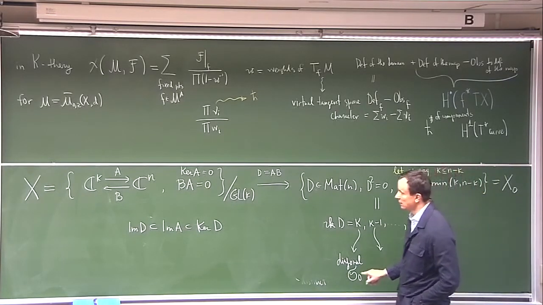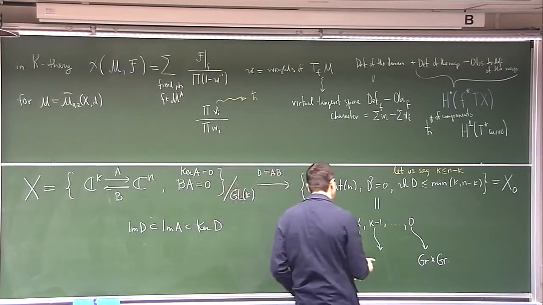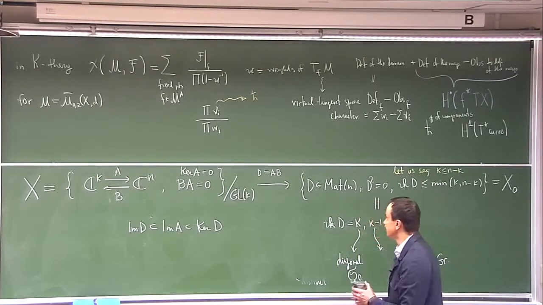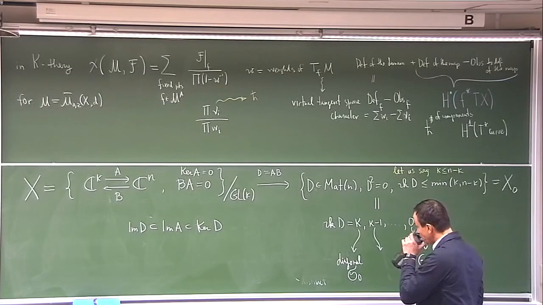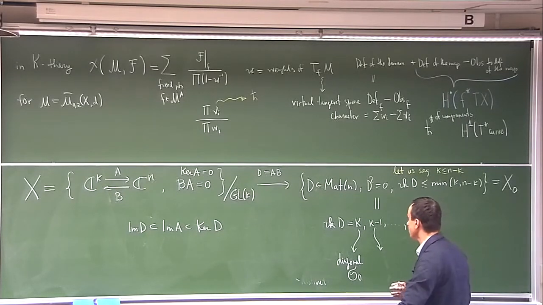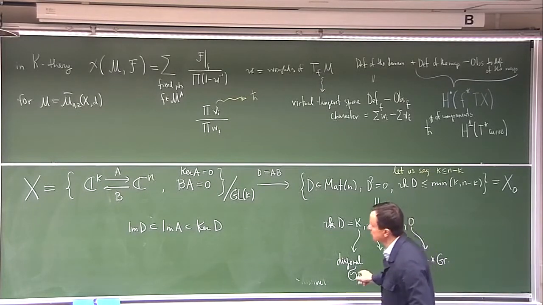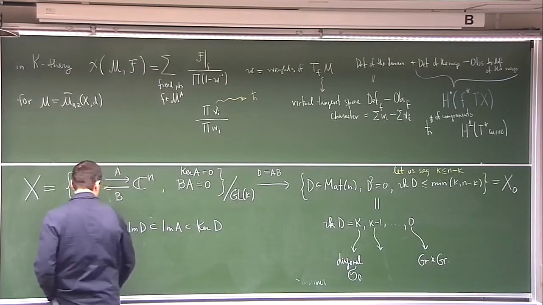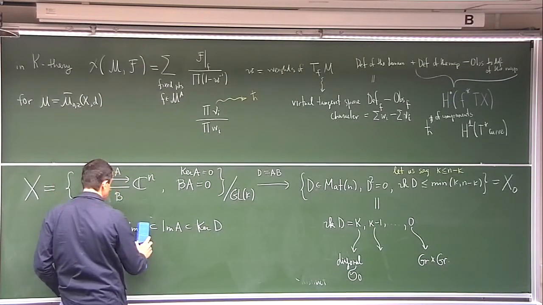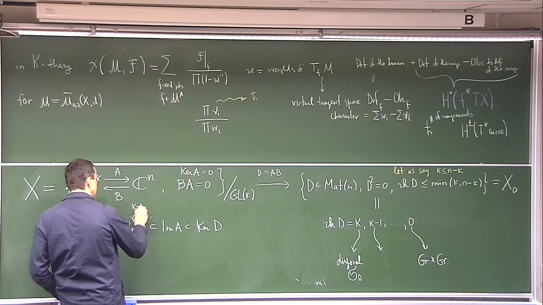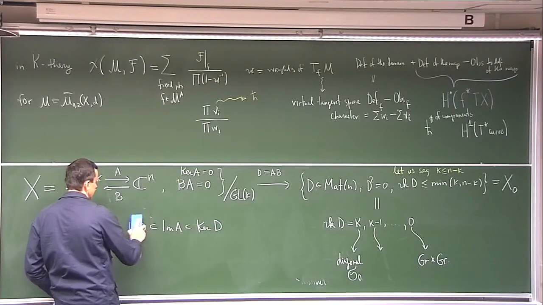And over the next stratum sits a pair where this guy is k minus 1 dimensional.